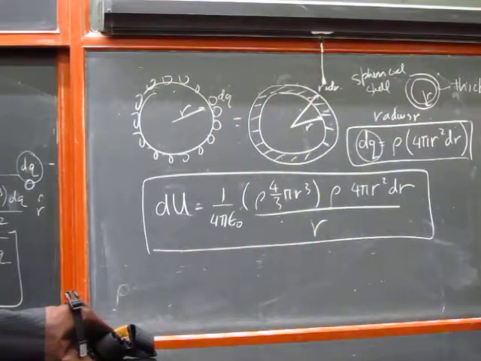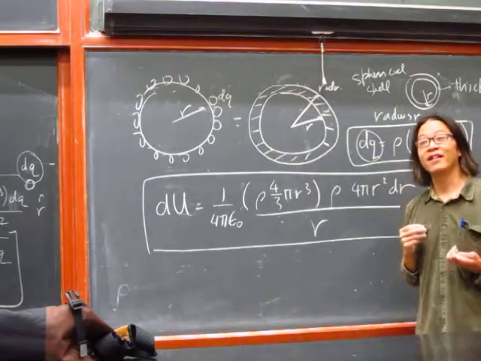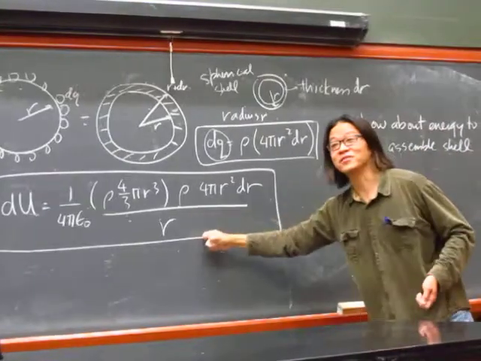Now, some of you might ask, do I have to worry about the energy to assemble the shell? Remind yourself to ask me this question after we solve this problem.